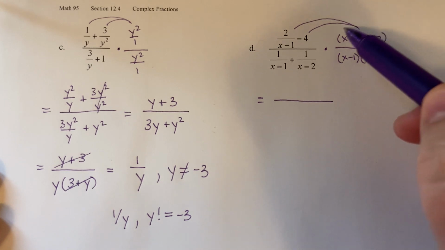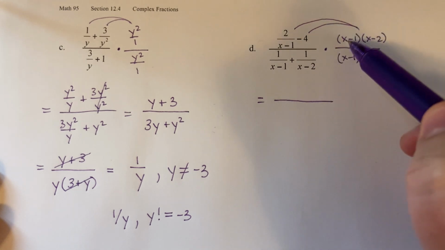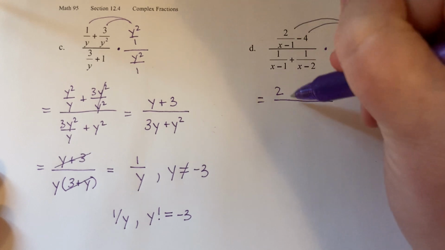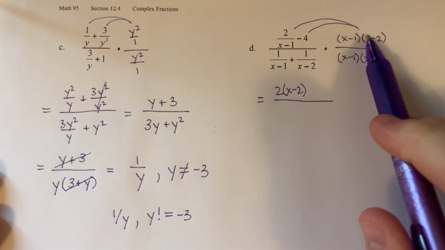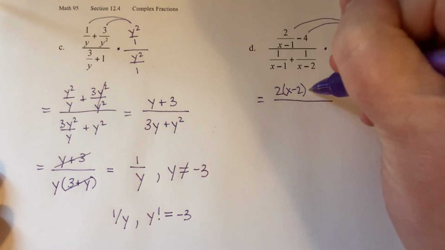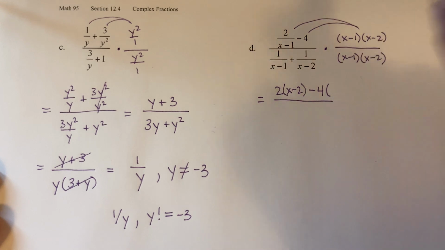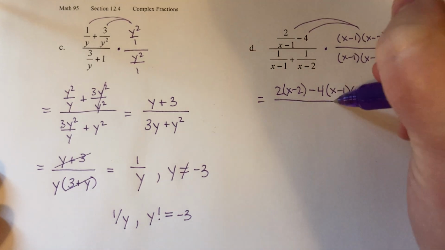So when I distribute both of these factors to the first fraction, the x minus 1s are going to cancel. So what I have left is 2 times x minus 2. But here, the 4 is not going to cancel, so it's still x minus 1 times x minus 2.